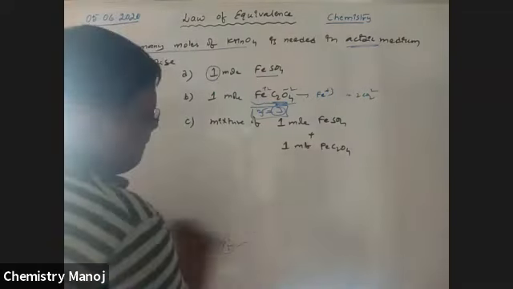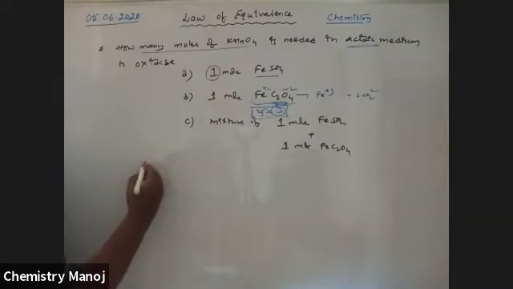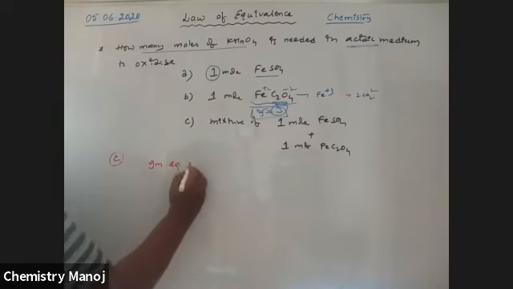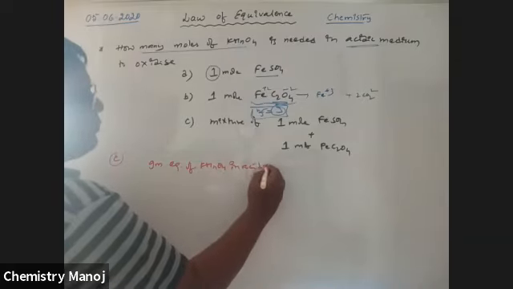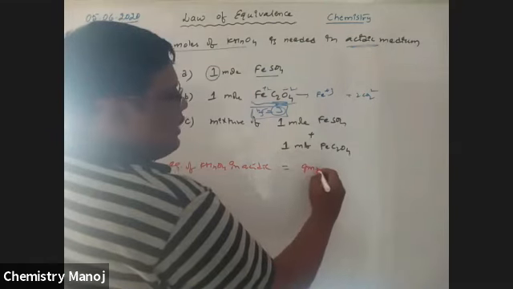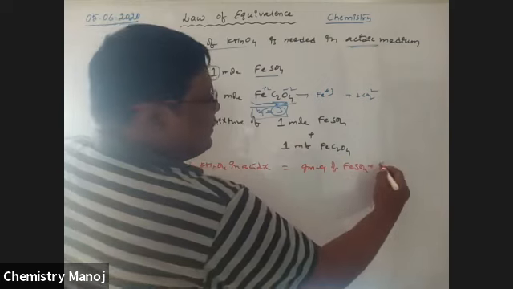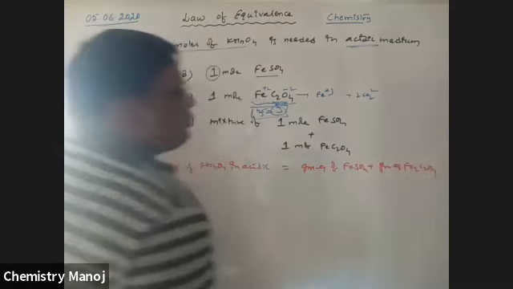That means here, gram equivalents. I'm taking the third one. Gram equivalents of KMnO4 in acidic medium is equal to gram equivalents of FeSO4 plus gram equivalents of FeC2O4.